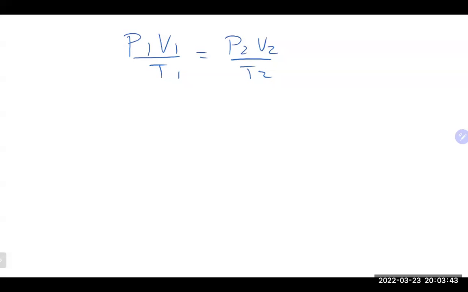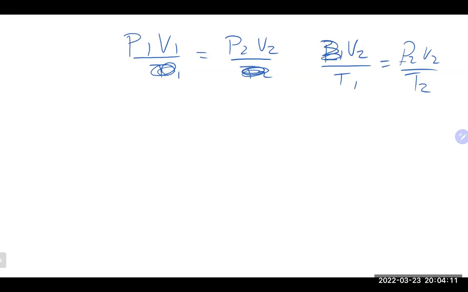If you remember this one, and you know what's being held constant or what is not given to you, then if you have a problem where you're not given anything about temperature, or it tells you temperature is constant, you essentially just take off the temperature part and then you have Boyle's law. If you see that the pressure is being held constant, you just scratch out the pressure on both sides and now you have Charles' law.